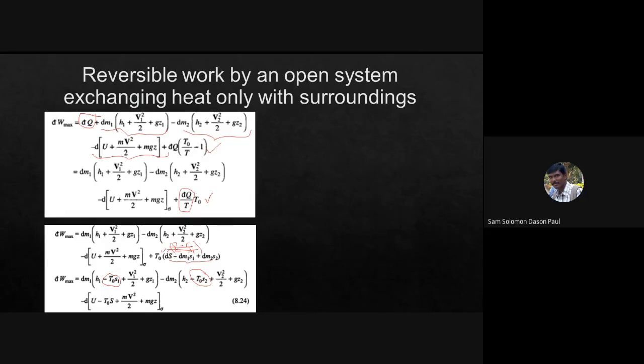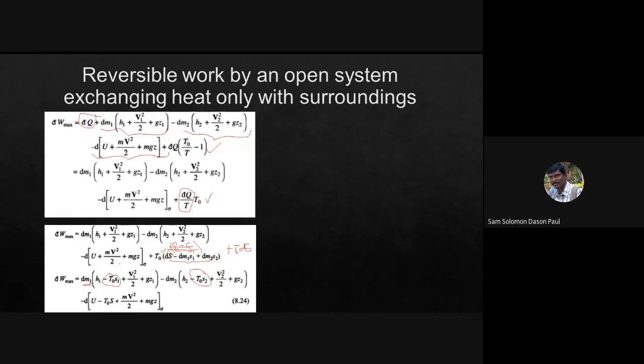Because you have dm1 as common, t naught into s1 is absorbed here, and t naught into s2 is absorbed here, and what is left out is plus t naught into ds.